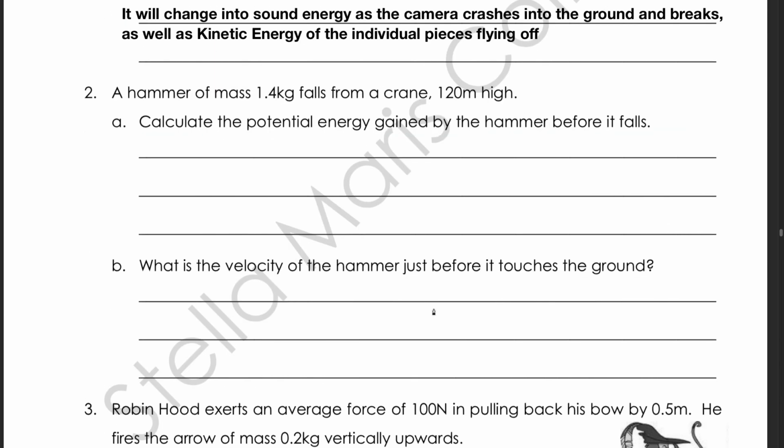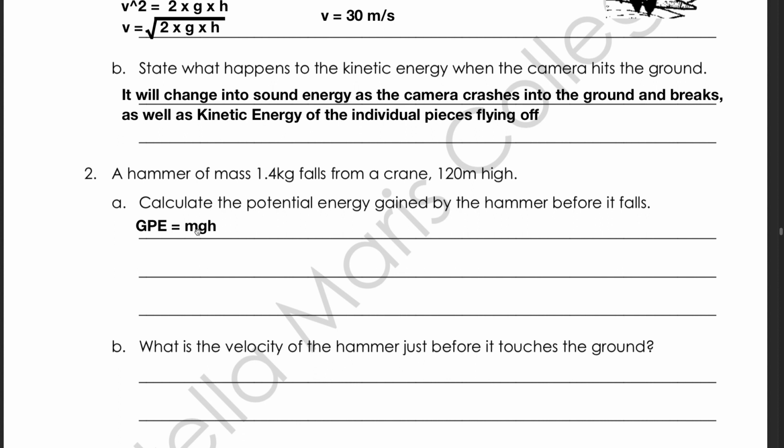Question 2. A hammer of mass 1.4 kilograms falls from a crane 120 meters high. A. Calculate the potential energy gained by the hammer before it falls. So, this is simple. All we have to do is find the gravitational potential energy. To do this, we use the equation GPE equals mgh, plugging in the values that we have.